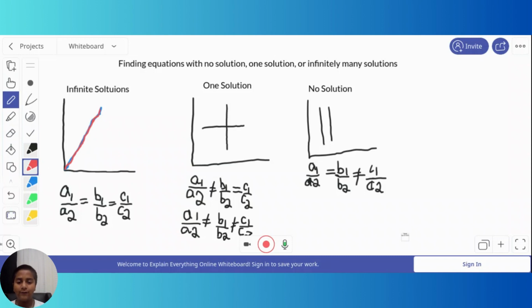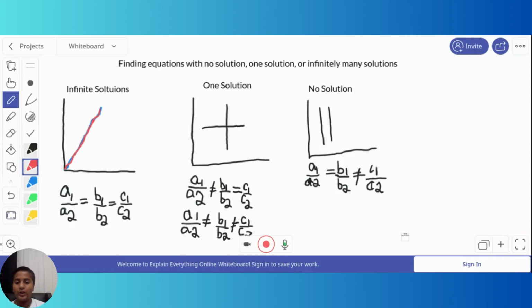Now, for one solution, one solution is when the lines intersect, because there's the center point, right? There's only one center point, and that's what we call the origin.